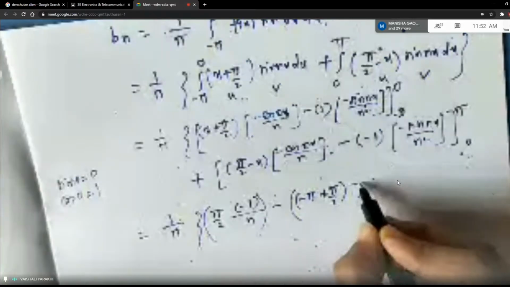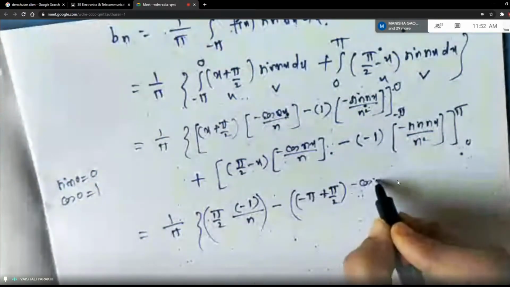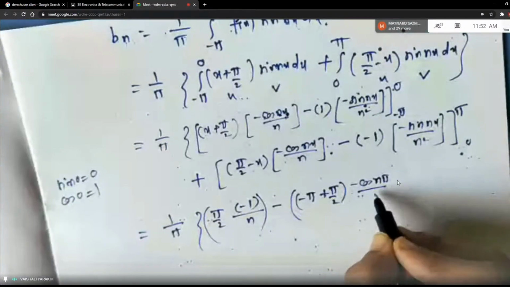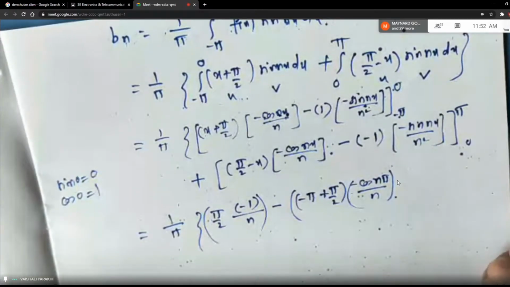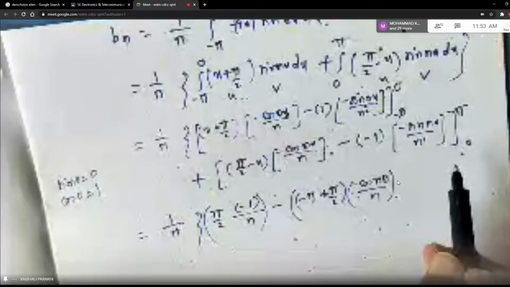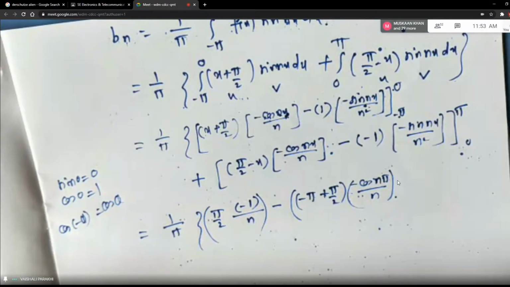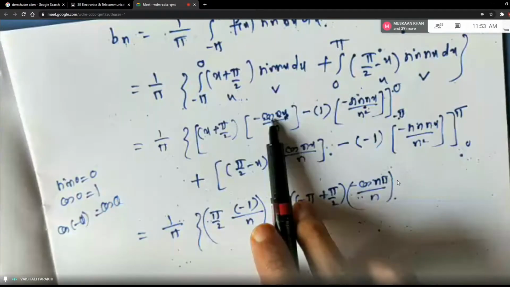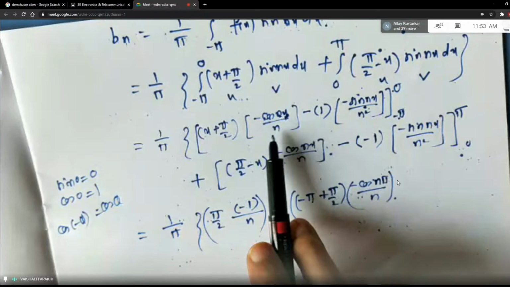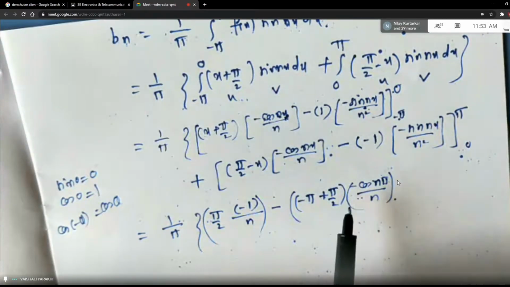It will be minus cos of n pi, right? Divided by n. Because cos of minus theta is plus cos theta, students. Cos of minus theta is plus cos theta because cos is an even function. So here what happens, cos of minus n pi will remain cos of n pi, but this minus n will carry forward, right?